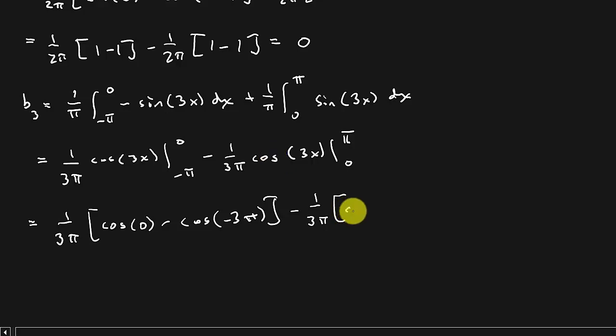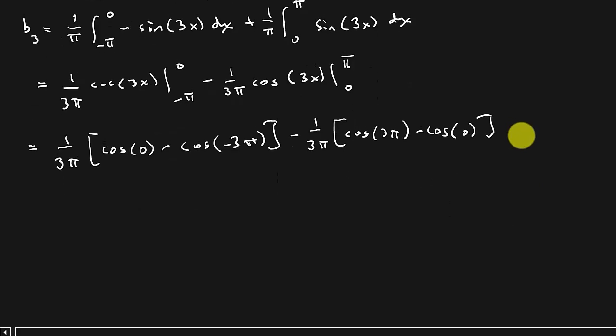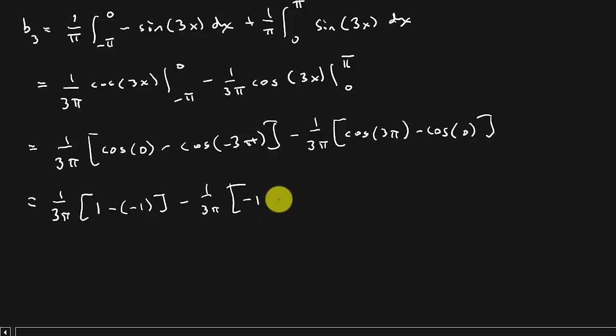All right, and that's going to be cosine of 3 pi minus cosine of, plug the 0 in, cosine of 0. And so this is going to be 1 over 3 pi times, cosine of 0 is 1 minus cosine of 3 pi, which is negative 1, minus 1 over 3 pi times cosine of 3 pi, which is negative 1, minus cosine of 0, which is 1.